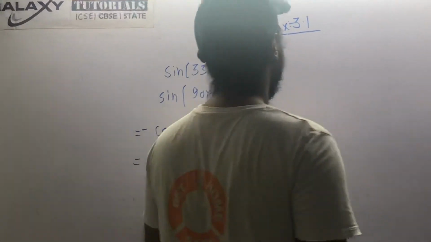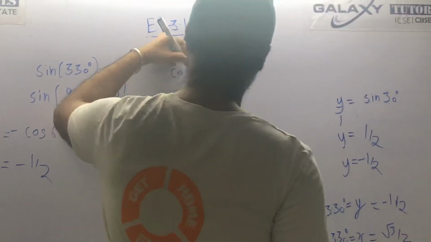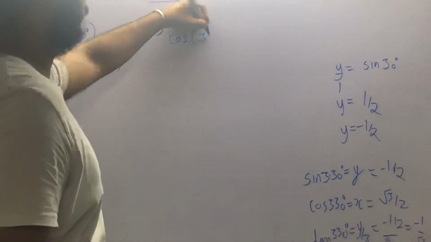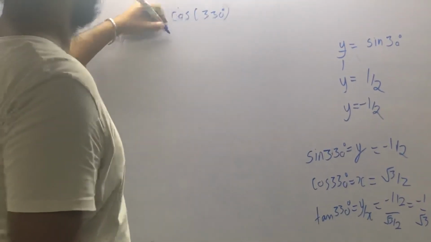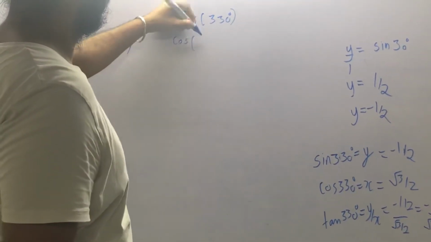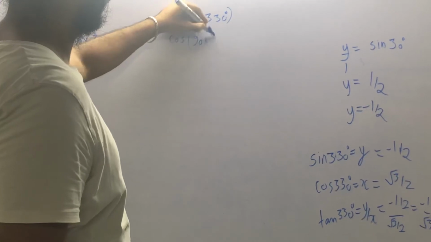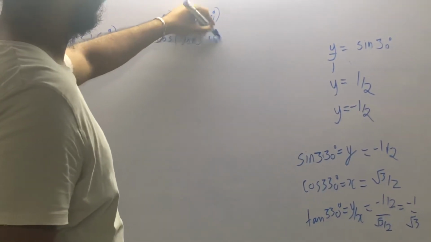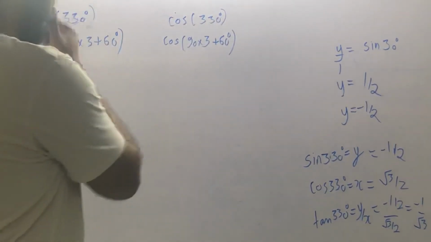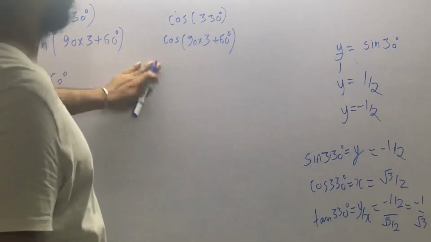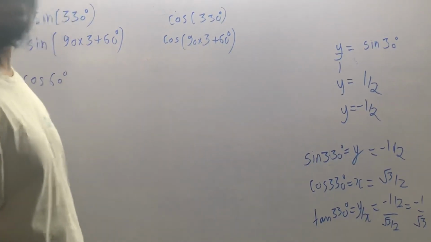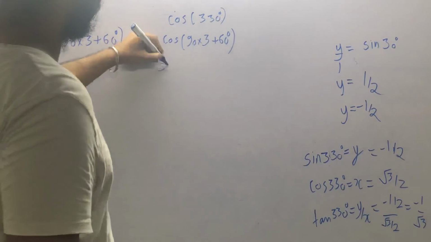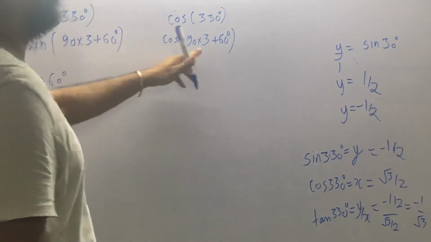Okay, next is cos 330. Same, cos of 90 into 3 plus 60. So cos will get converted to sine, because 3 is odd. One more thing: what will be the sign here?